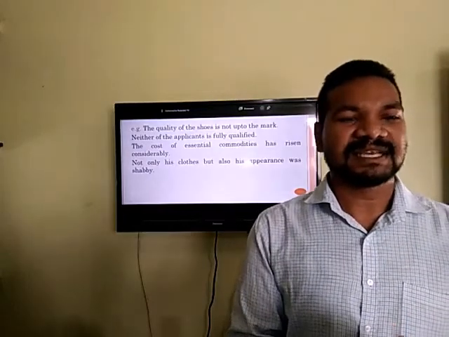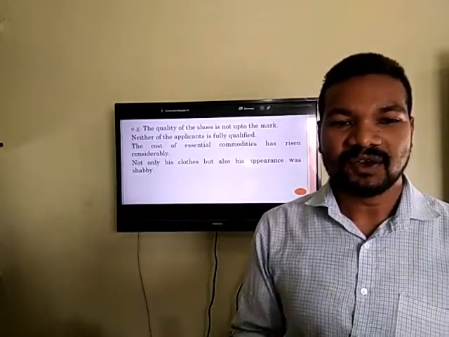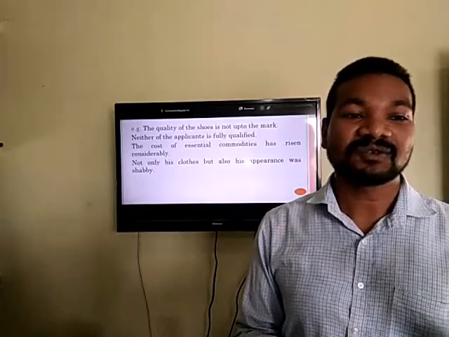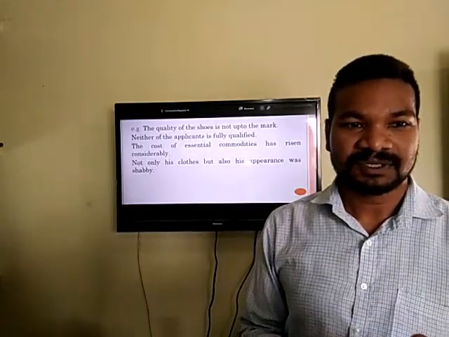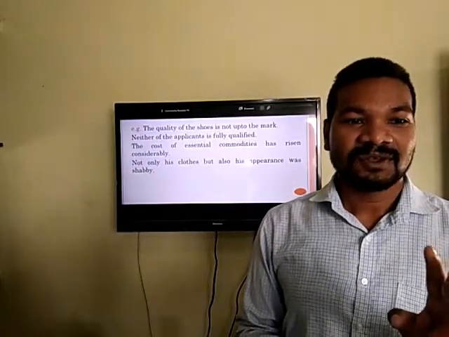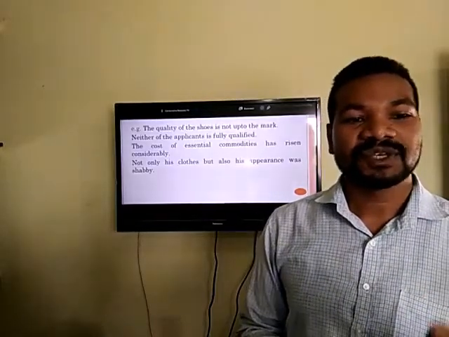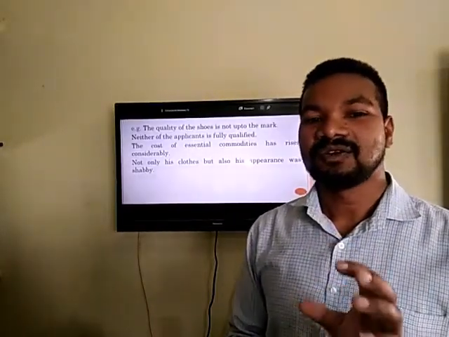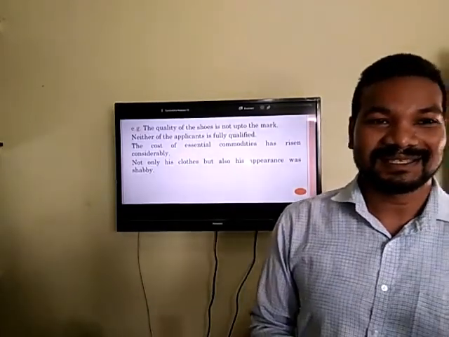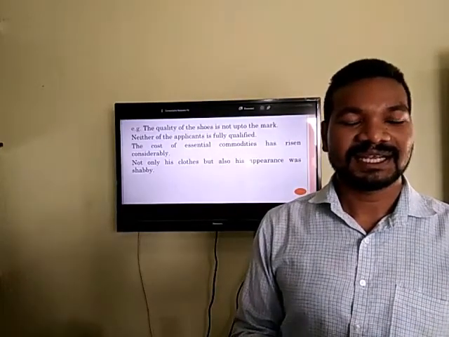The first example: the quality of the shoes is not up to the mark. Here the main subject is the quality, not the shoes. Shoes is plural, but you don't have to use 'the quality of the shoes are', because it is referring to the quality, the main subject, and 'of the shoes' is only a phrase that follows.